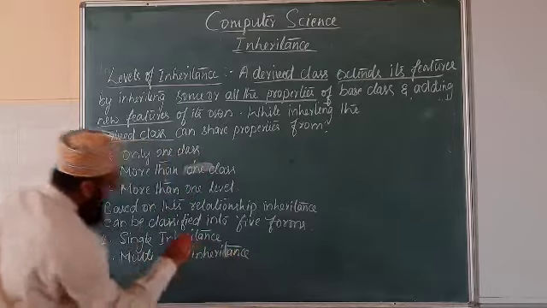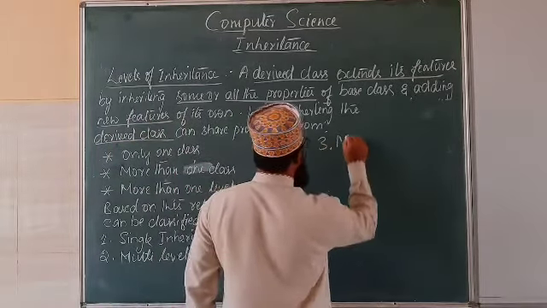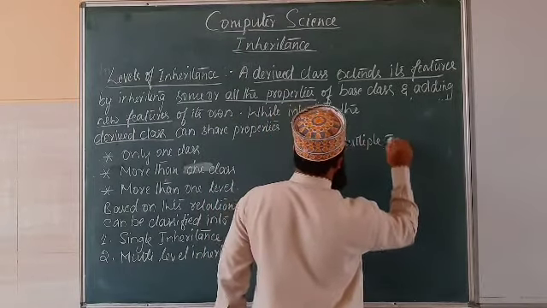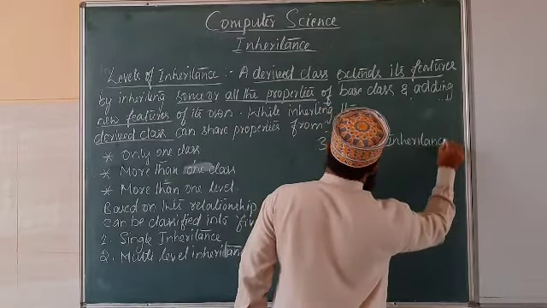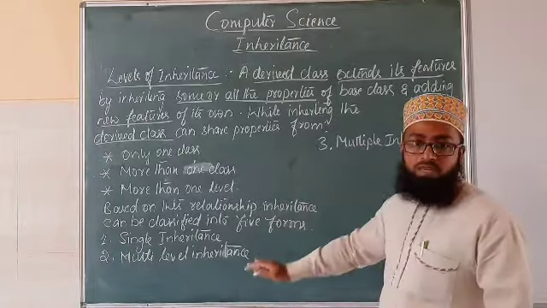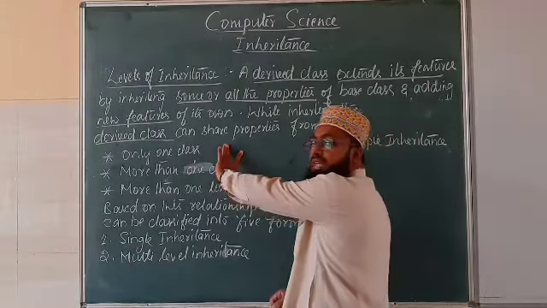And the third one is multiple inheritance. See, these are the classifications of inheritance, forms of inheritance, but these are the levels of inheritance.